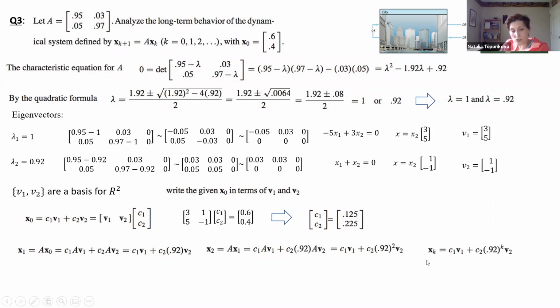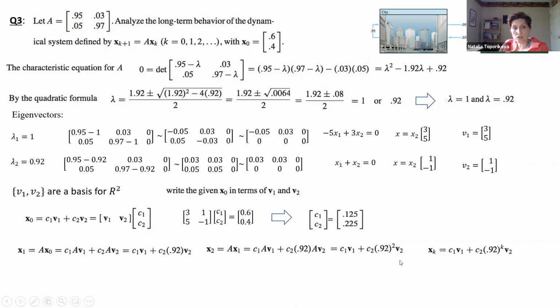We can summarize this procedure for any number of steps. For x at step k, we always have the same first term, because our eigenvalue is equal to 1: c1 v1, plus a second term containing the product c2 v2 times the eigenvalue 0.92 to the power k.